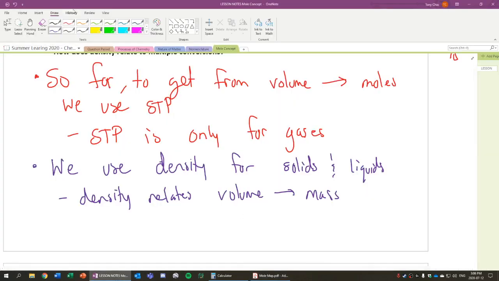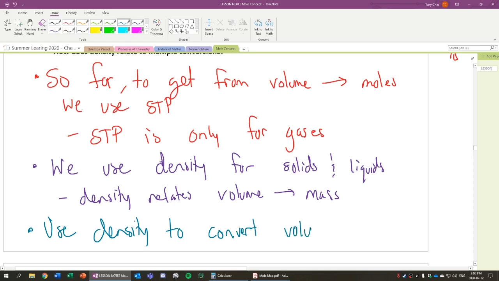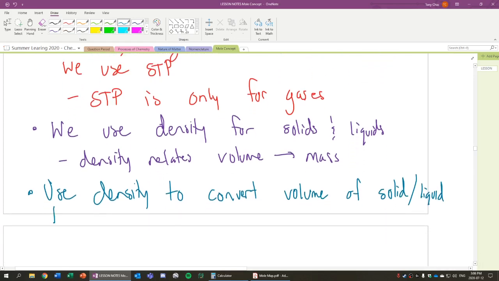So what you've got to do is use density to convert volume of solid or liquid to mass, then use the mole map.